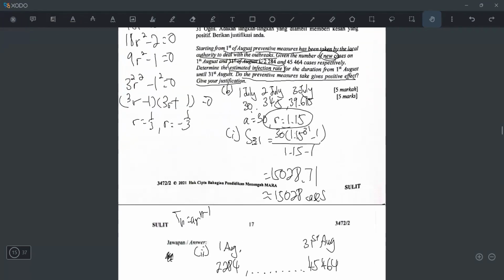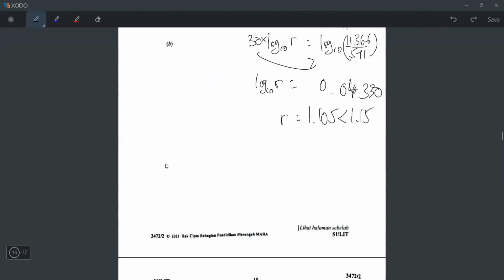Smaller than 1.15. So do the preventative measures give a positive effect? Yes. So I'll write yes. Let's write a reason because R equals to 1.105, smaller than 1.15.